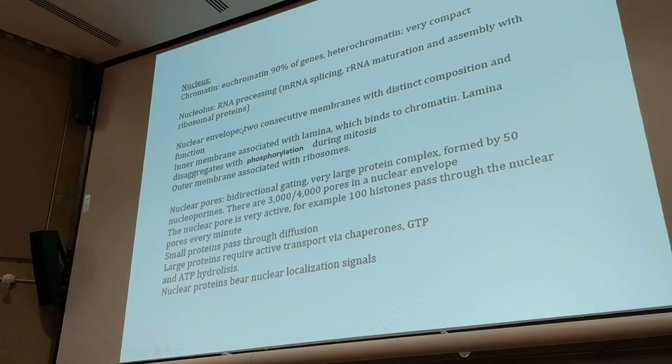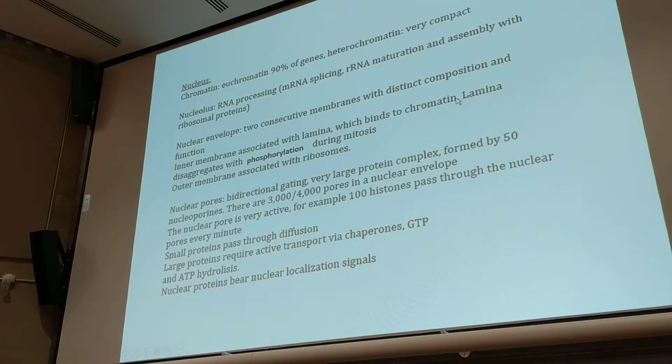Plasma membrane, just to give you an example. Plasma membrane is made out of only one membrane, while the nuclear envelope is made out of two consecutive membranes. Okay? Plasma membrane doesn't have a lumen inside, just one membrane. This is different. The inner membrane is associated with the lamina, which binds to the heterochromatin, right?